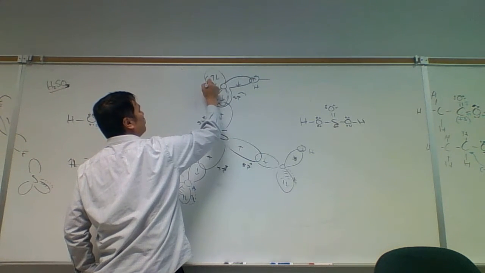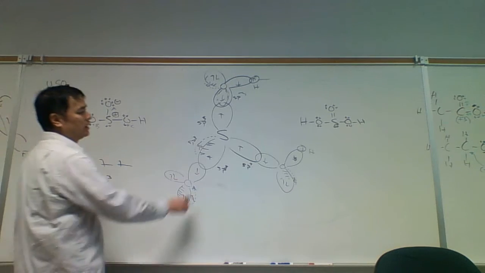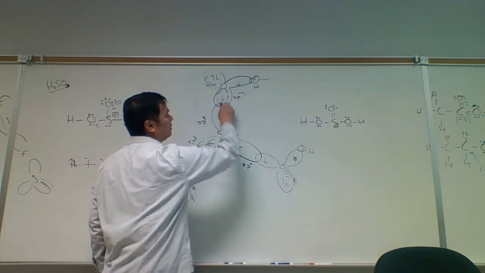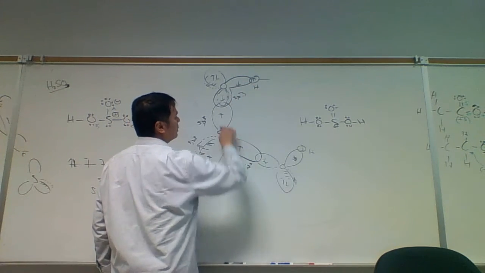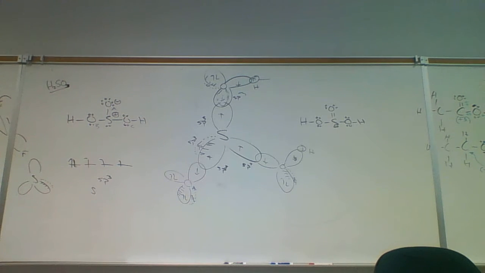These will be the 2 lone pairs here. You see, so I kind of have it now. This part of this drawing is in the plane. This is called a conformation. If I twist and rotate it, it's going to result in another conformation.